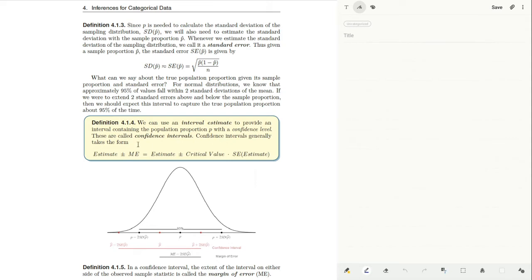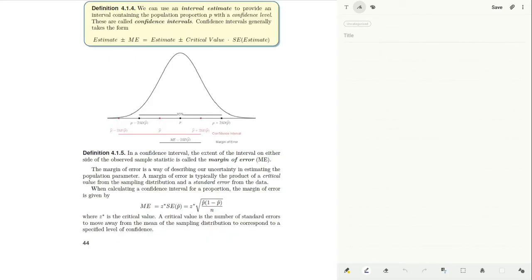Generally, these intervals will take on the form where we have our point estimate plus or minus ME. And ME stands for the margin of error. Now, the margin of error is a way of describing our uncertainty in estimating the population parameter.